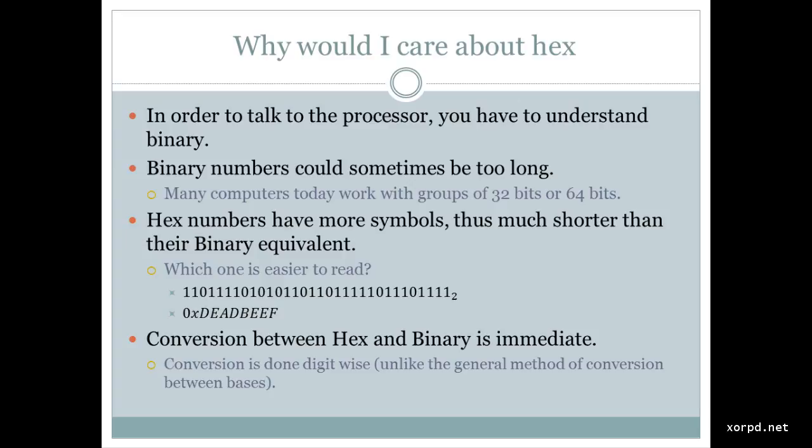We don't have to use the complicated methods of dividing many times or doing anything that takes too much thought. If you are experienced, then you just remember the representation of every digit in binary. There are not so many, in fact. There are only 16. So, in fact, conversion is done digit-wise.